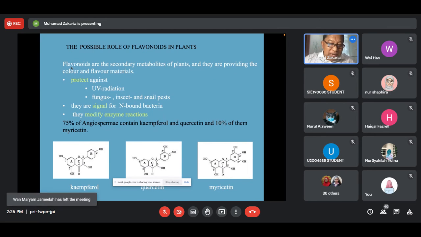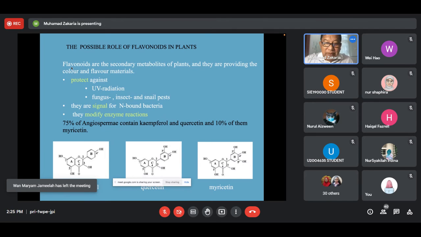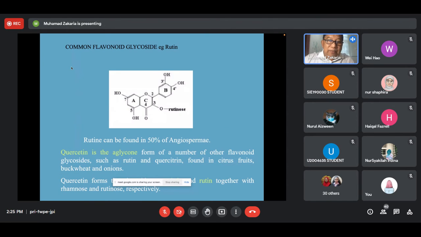Just like us, we have antibodies, the plant has this as their antibody. Common flavonoid glycoside, for example rutin. Rutin is one very interesting flavonoid. Rutin can be found in 50% of the angiospermae. Quercetin is an aglycone form of a number of other flavonoid glycosides, such as rutin and quercitrin, found in citrus fruit, buckwheat, and onion.